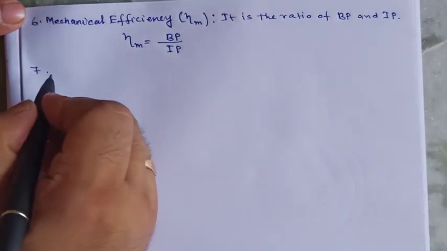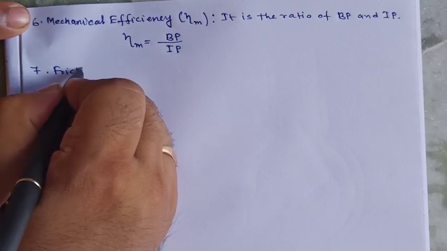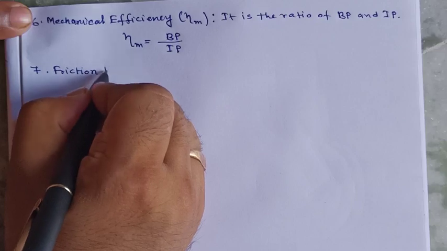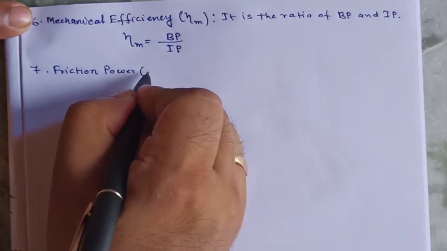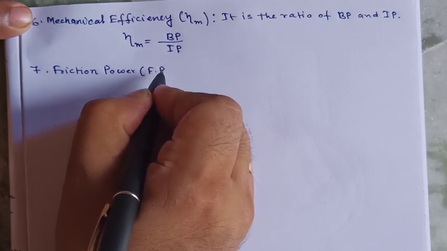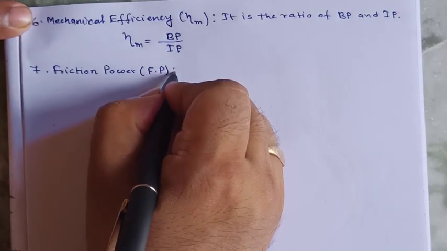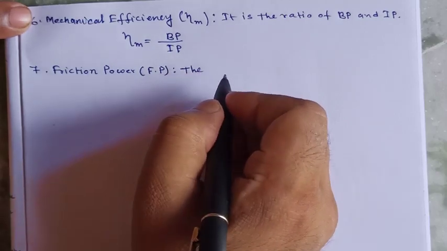7 is friction power, that is denoted by FP. Frictional power is the power.